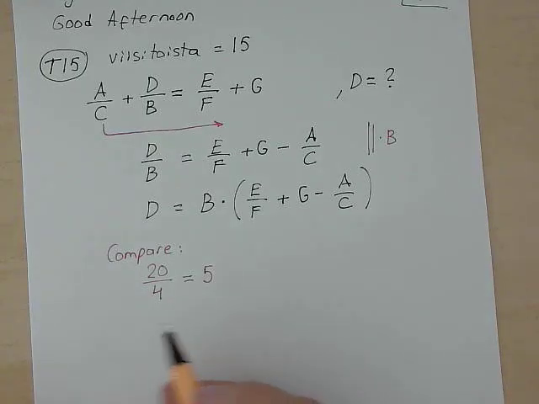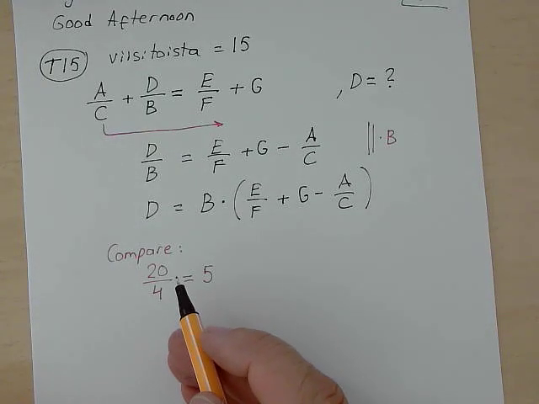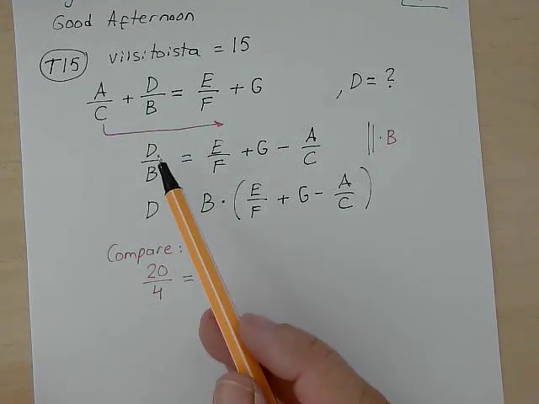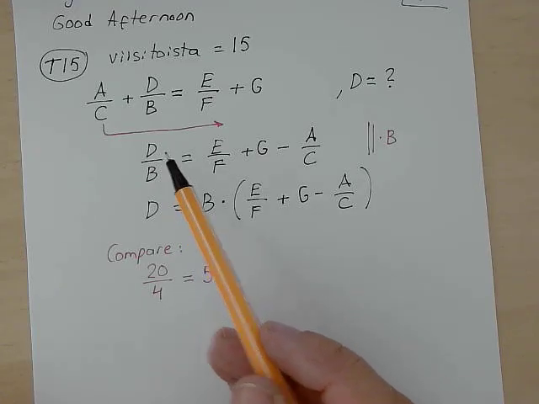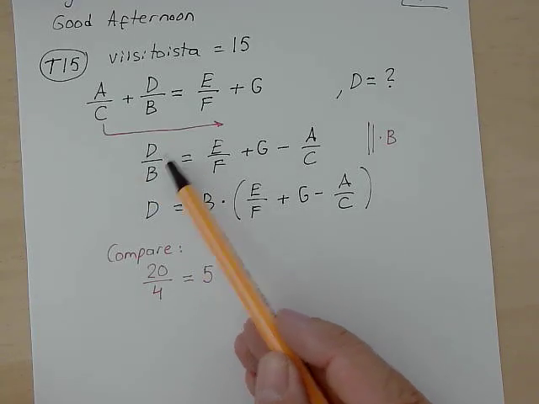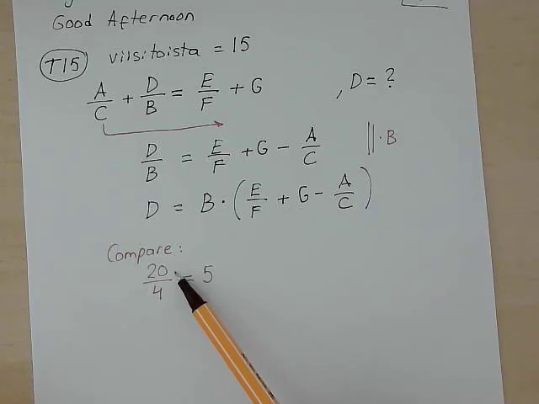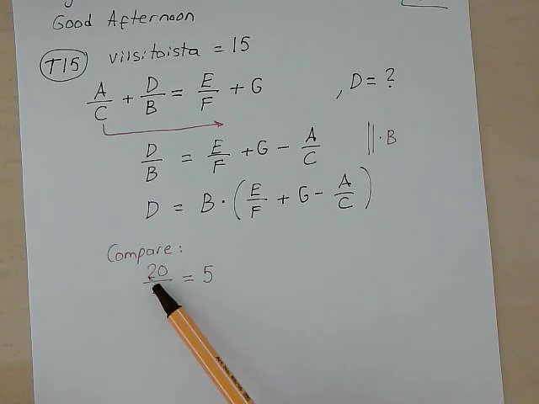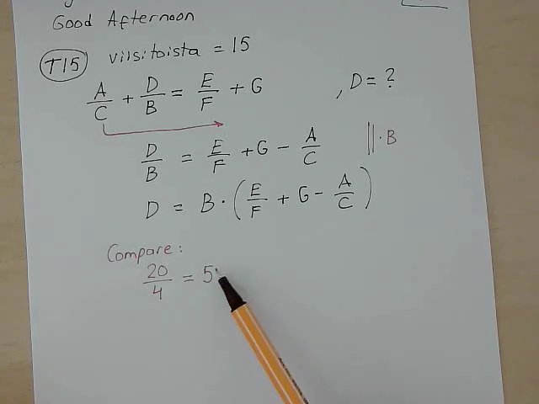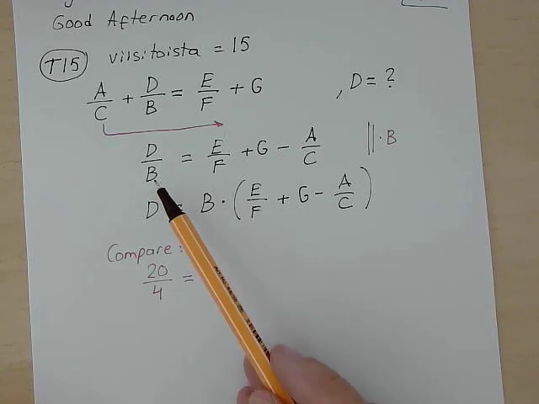Multiplying both sides by 4, right? We want to get this 20, and it is the same as here in this comparison equation, this d. So we have to multiply, and the same holds here.